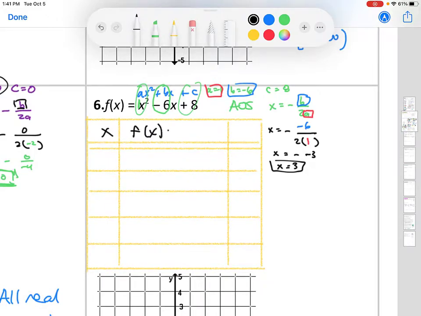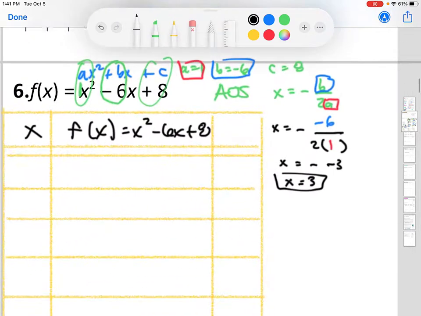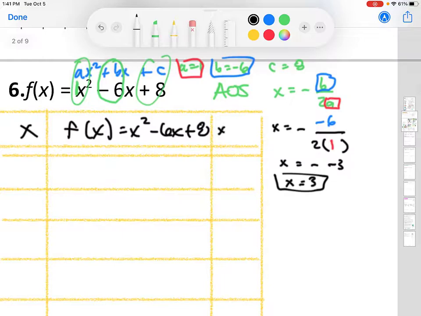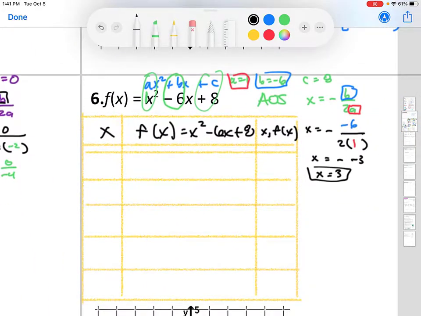F of x, writing the function here. And then the ordered pair, x, f of x. Okay, so most important is this number. It goes right here in the middle, always. Why is that important to us? Because it actually tells us what kind of numbers to pick from here.